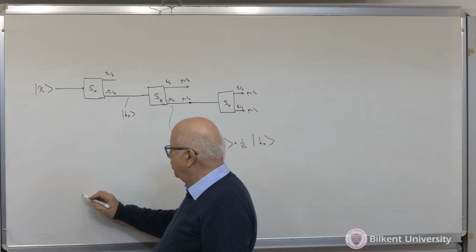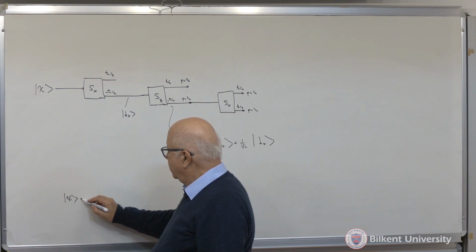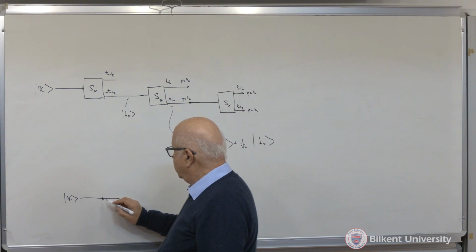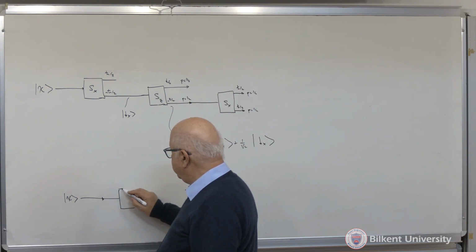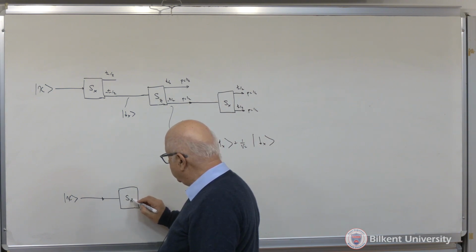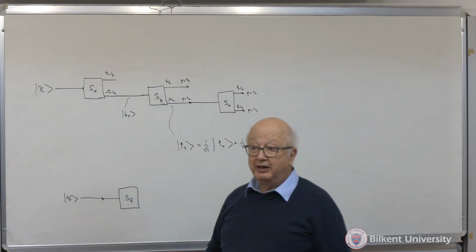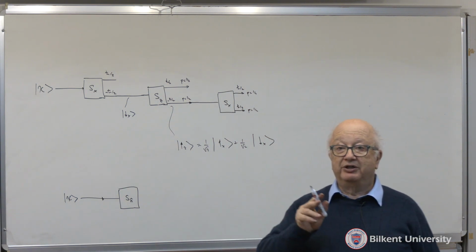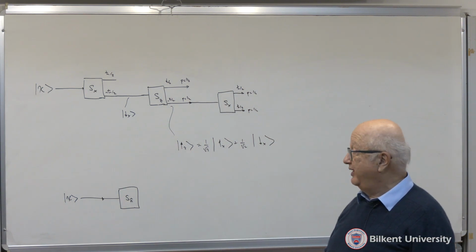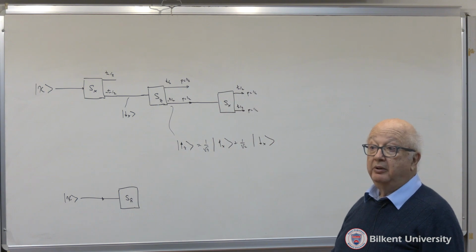So suppose I have this, again, beam coming in, and here I make a measurement, say, in some direction. So let me denote it by S in the direction of a unit vector n.